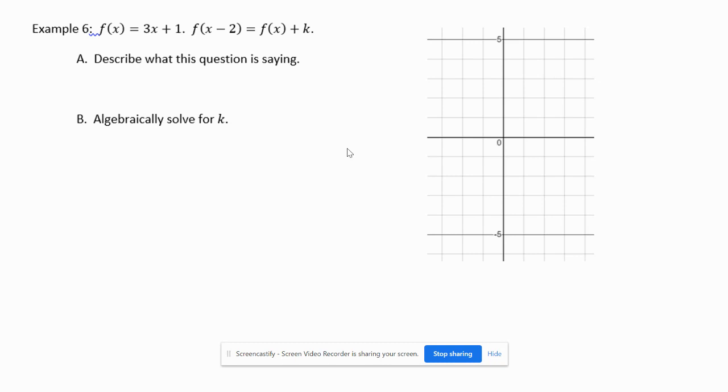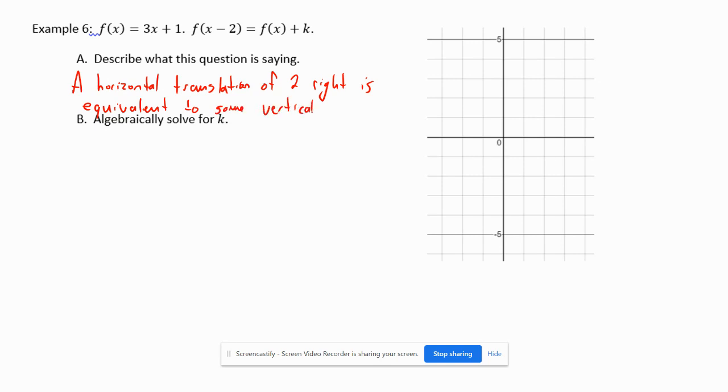So what this is saying is a horizontal translation of 2 right is equivalent to some vertical translation. I'm saying some because we don't know what the k value is.